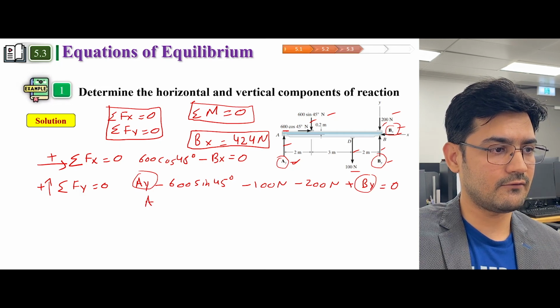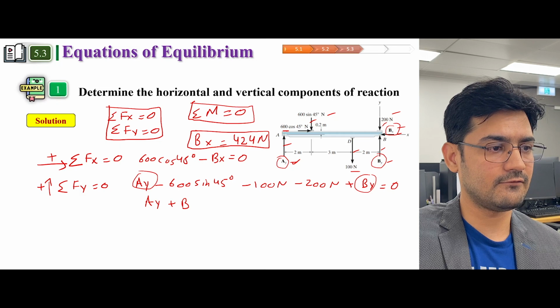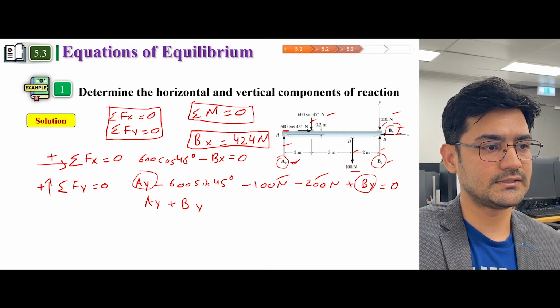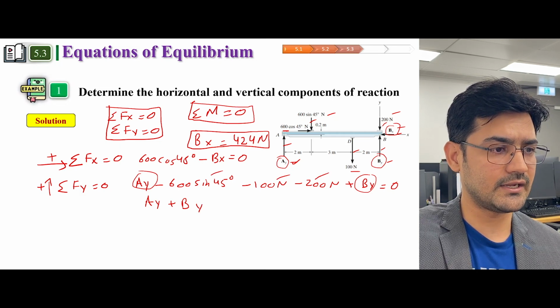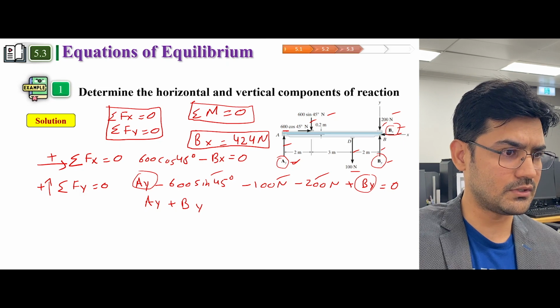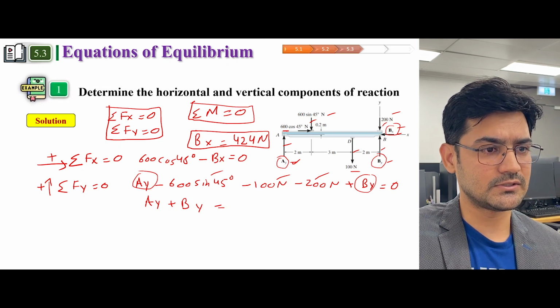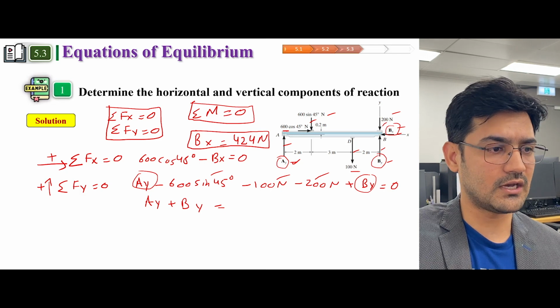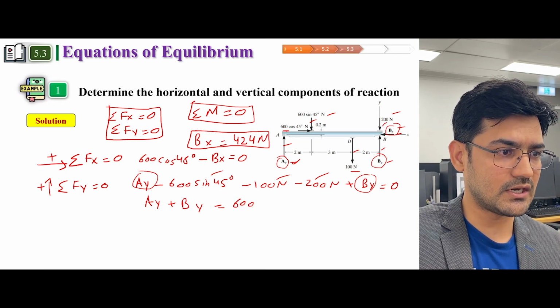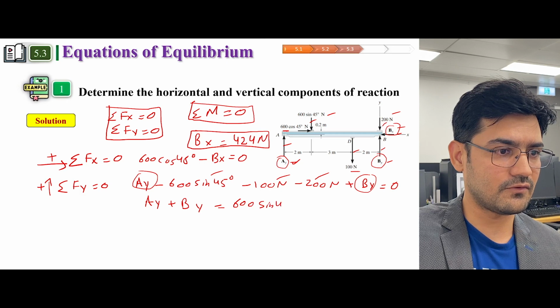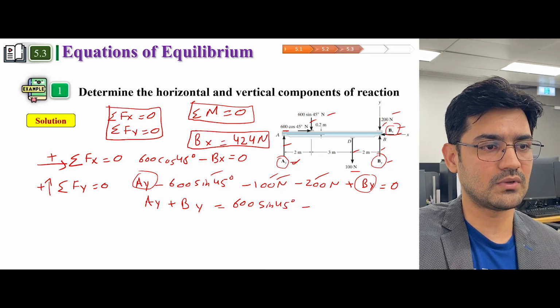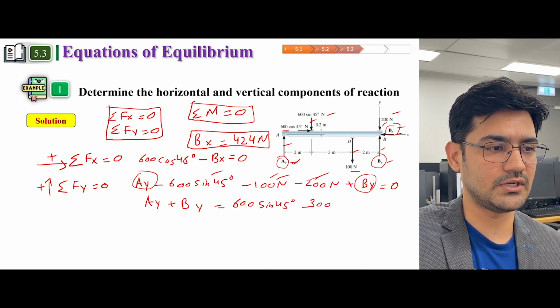So ay plus by, and if you add this, these are all negative. You can also just move everything on the other side, so you will get 600 sine of 45 degree minus 100 minus 200, it would be minus 300.